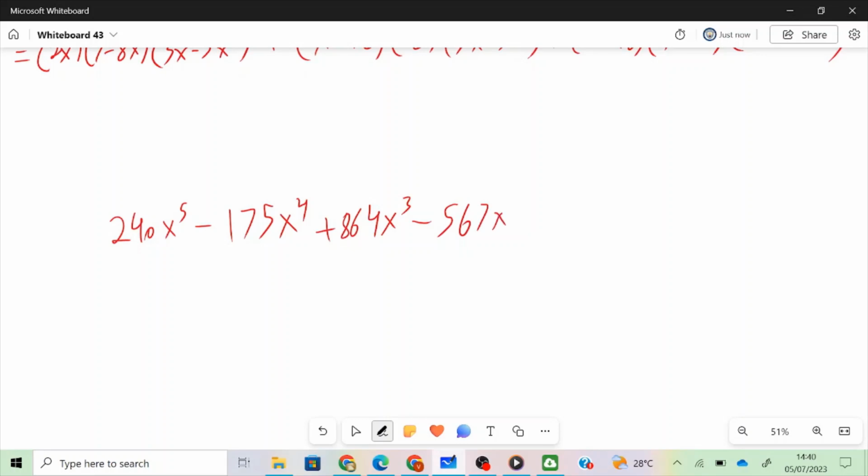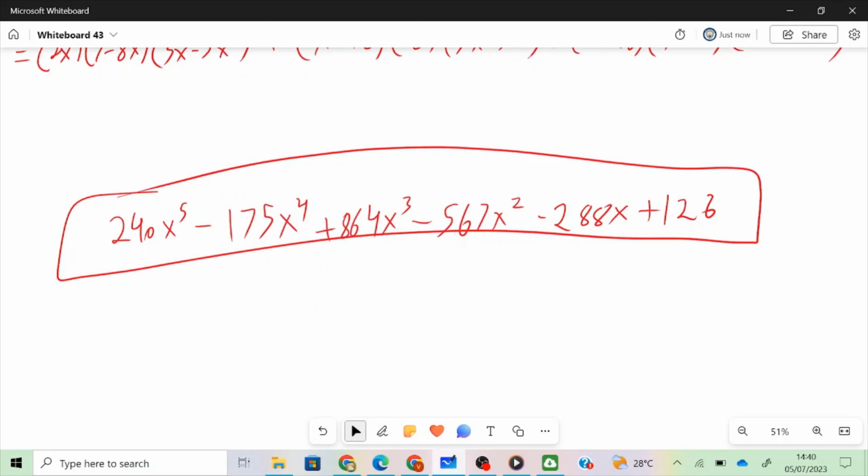The final answer that you should get is 240x to the power 5 minus 175x to the power 4 plus 864x cubed minus 567x squared minus 288x plus 126. That should be the final answer you get once you expand all of that.